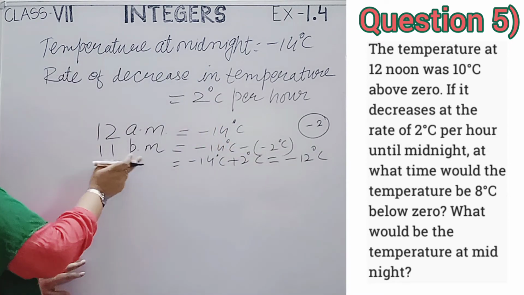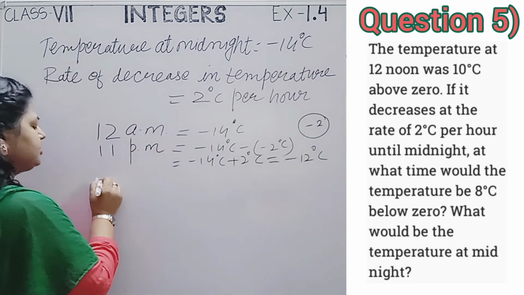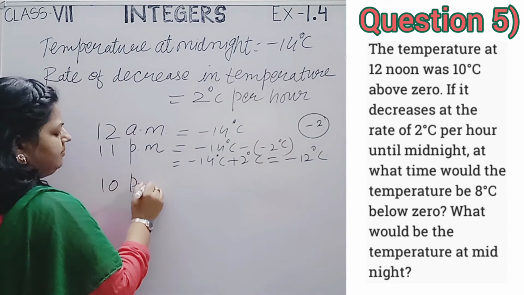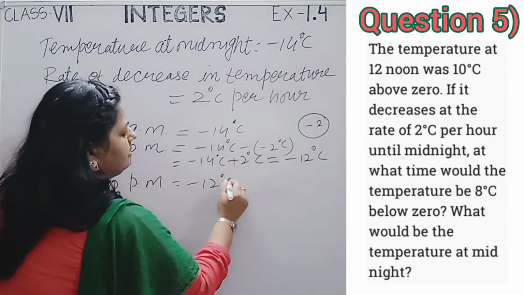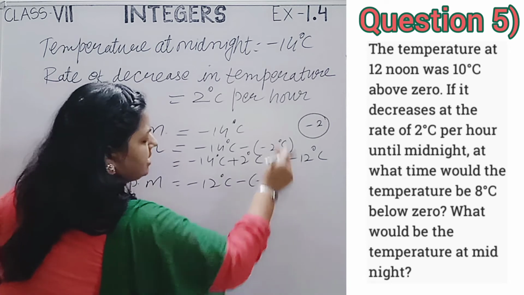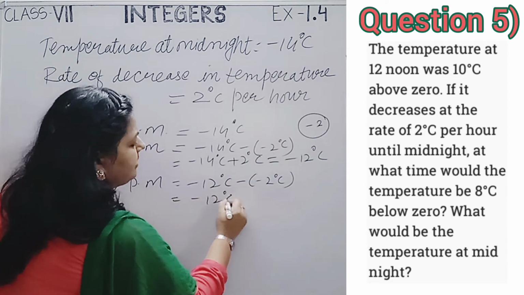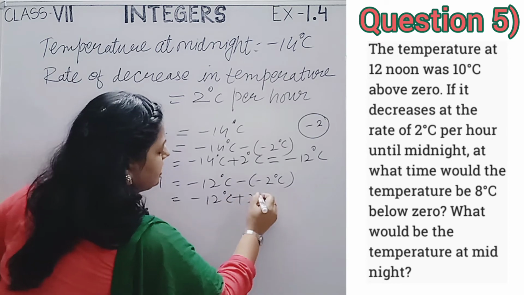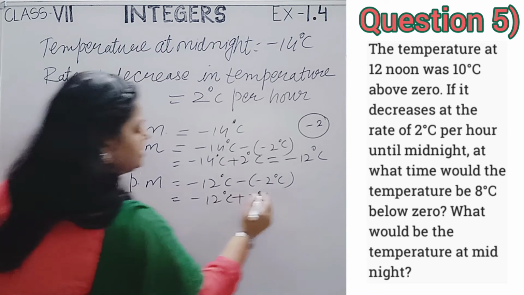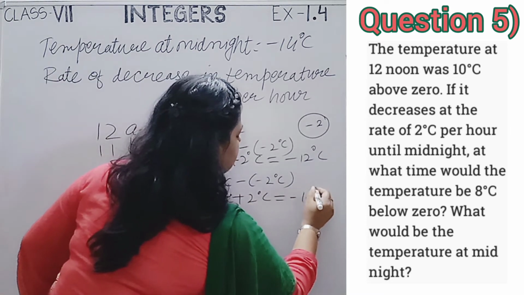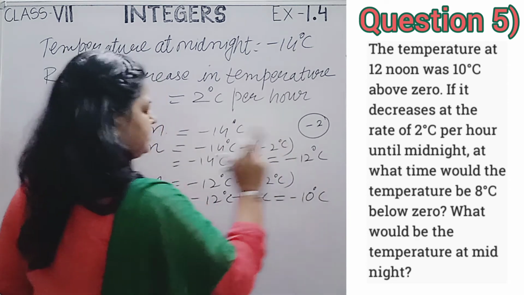It means at 11 p.m. the temperature is minus 12 degree Celsius. Now we are coming to 10 p.m. So at 10 p.m. temperature is minus 12 degree Celsius and minus 2 again, minus 12 plus 2 is minus 10 degree Celsius. It means at 10 p.m. we have minus 10 degree Celsius temperature.